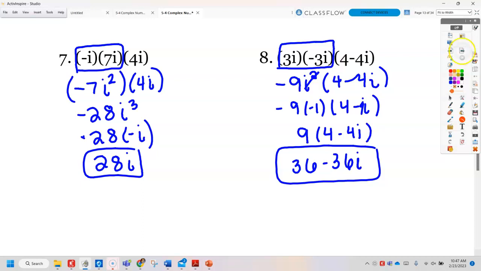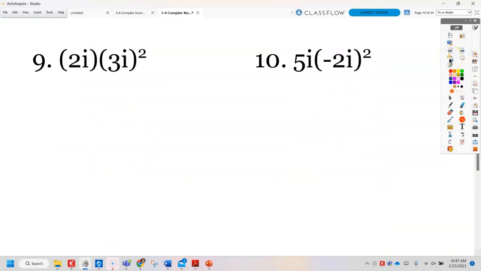If something is raised to a power, that's really like saying you have that term twice. So this is one of the biggest mistakes people tend to make. They tend to turn 3i quantity squared into 3i squared, and they forget that the square goes to both the 3 and the i, making it 9i squared, not 3i squared.